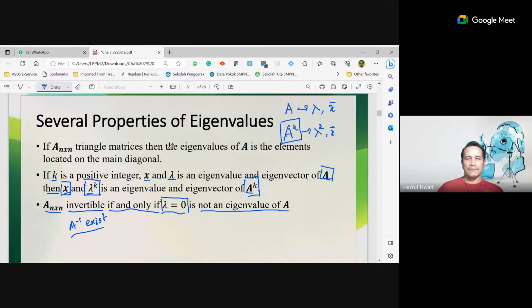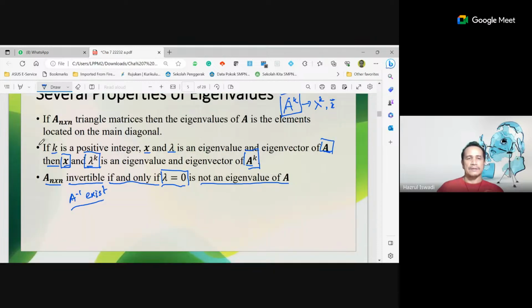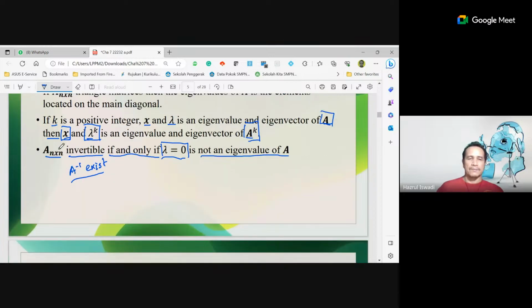Some properties of eigenvalues: we get the eigenvalues of a triangular matrix directly from the main diagonal. The eigenvalues and eigenvectors of a power of A can be found from the eigenvalues and eigenvectors of A. And A is invertible if and only if the eigenvalues of A are not equal to 0.